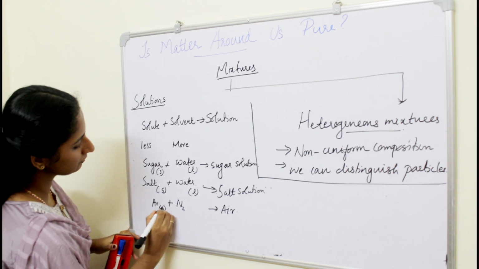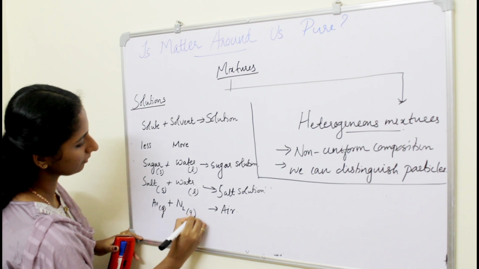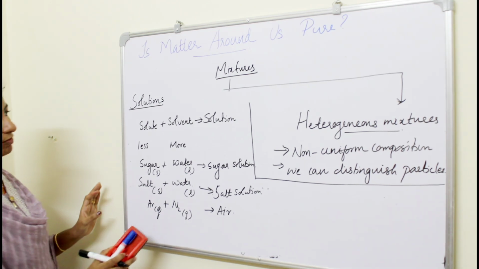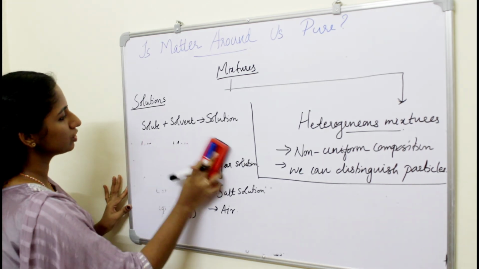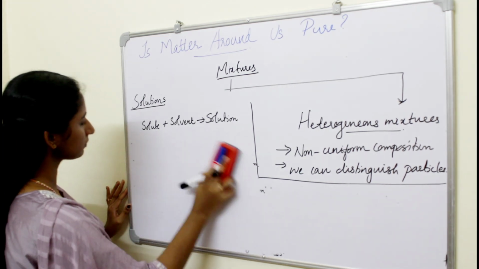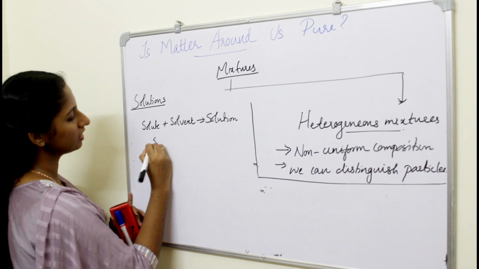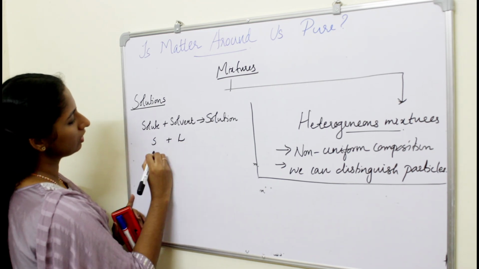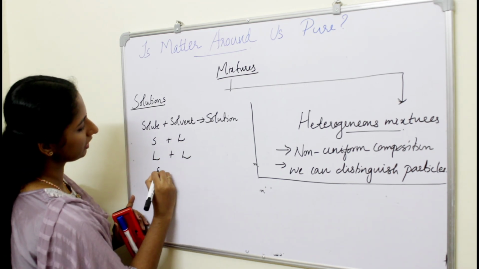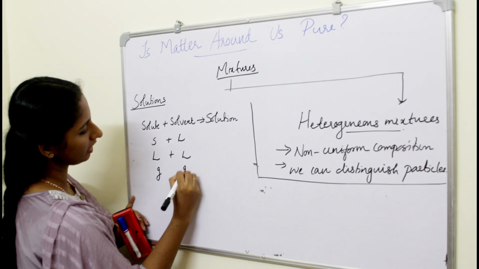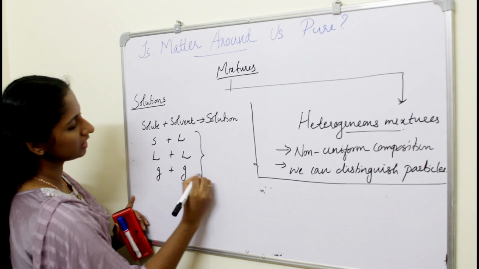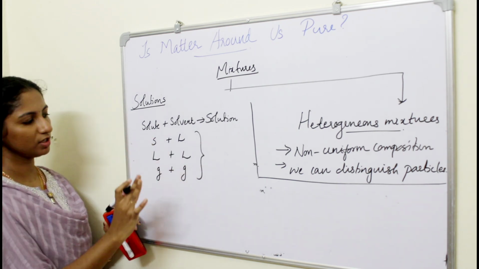These two are in the gaseous state, so it is also an example of a solution. So solute and solvent can be solid and liquid, liquid and liquid, or gas and gas. These combinations are examples of solutions.